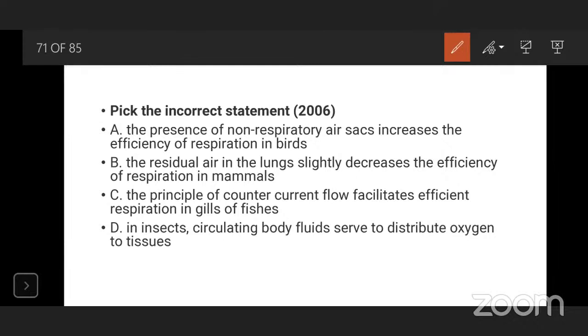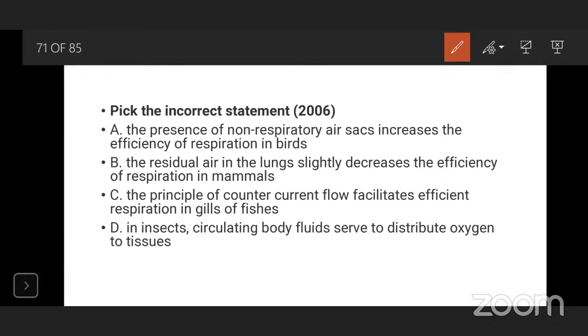Third point is the principle of counter current flow facilitates efficient respiration in the gills of fishes. In the gills, there is a counter current flow: the blood flows one way in the blood vessels, and the water flows the other way in the gills.